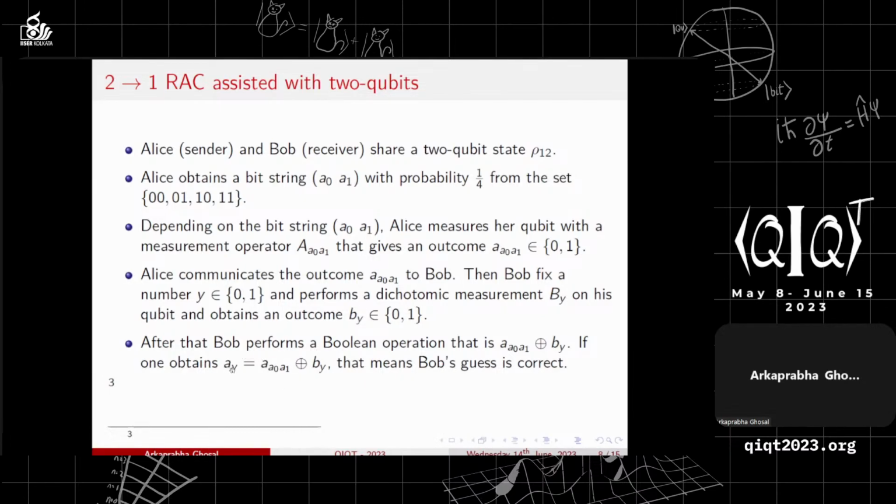So Bob's guess will be accurate if this particular condition is satisfied. That means Alice's bit a_y is equal to the calculated Boolean function. If this equality holds, then Bob's guess is correct.